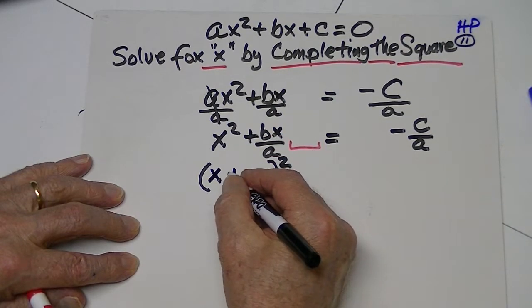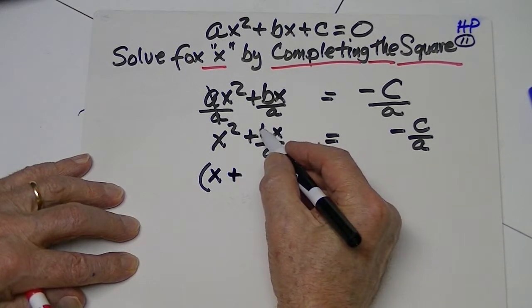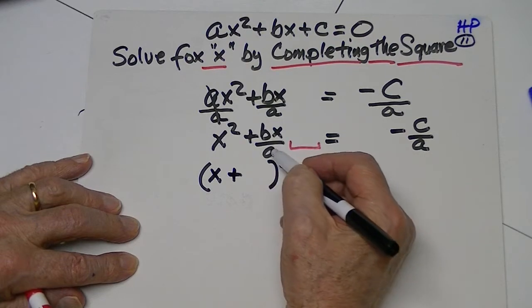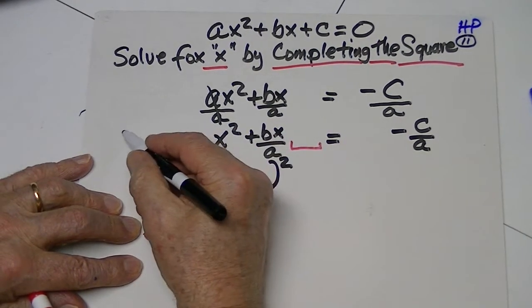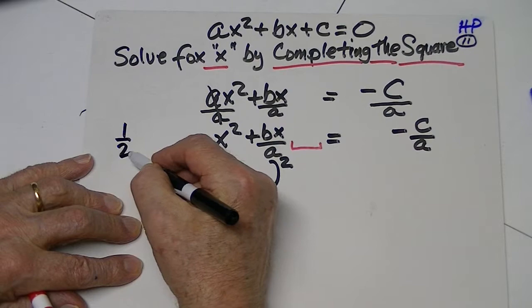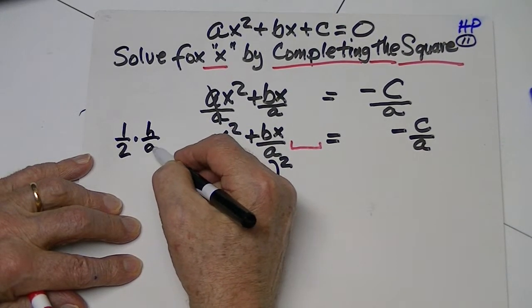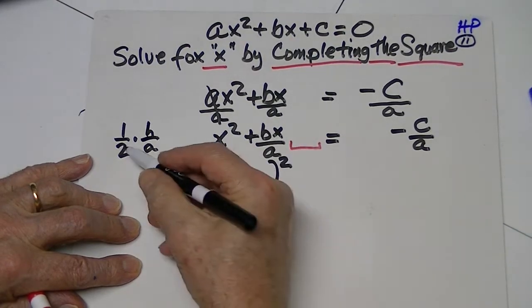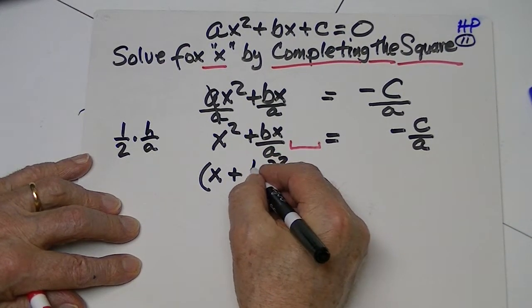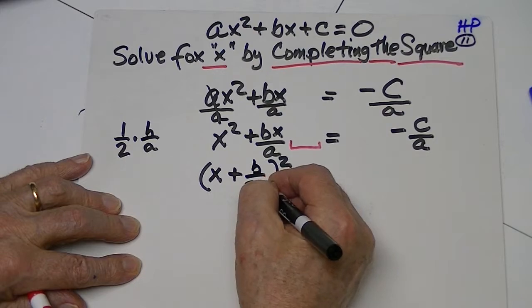This plus sign goes here. Now we have to take half of our b term, and the easy way to do that is just go half of our b term, which is b over a. Now this then becomes b over 2a.